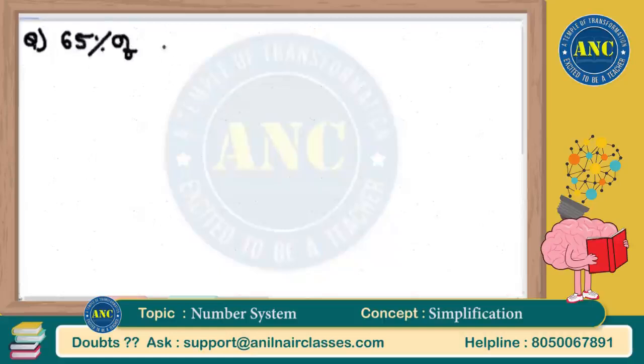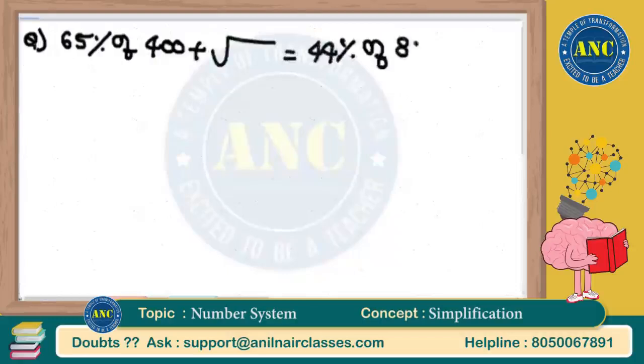65% of 400 plus square root of something is equivalent to 44% of 800 minus 12% of 400.